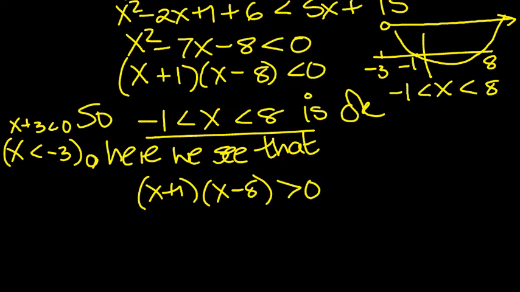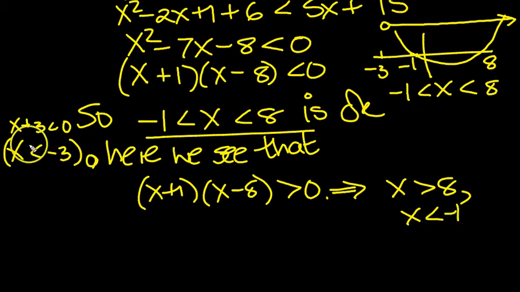Because it flipped around as we went through, because it was negative. So this is the same quadratic, but when is it greater than 0? Well, it's greater than 0 when x is bigger than 8, or when x is less than minus 1. Agreed?